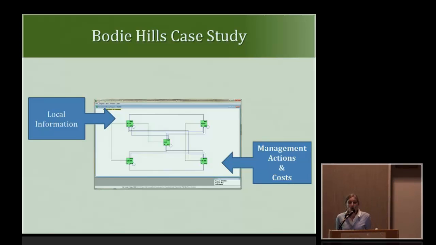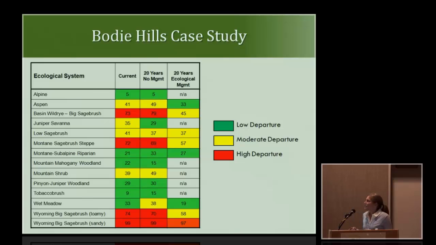In the end, what they come up with is for every type on the landscape, they're able to model, well, they map the current condition, which is shown here, but then they model 20 years with no management, and then what's shown here is their 20 years of ecological management scenario, and ecological management also included their goals for fire risk reduction.